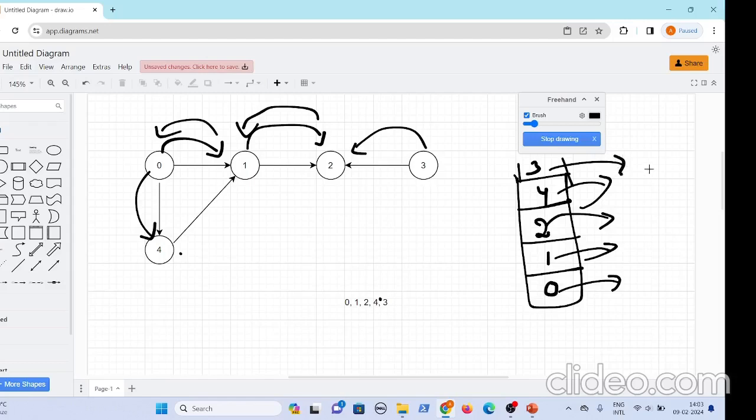So what are you doing? You are printing as soon as you visit a vertex. You are putting it on the stack and outputting it as well, adding it to your output. But topological sorting is opposite to that. As soon as you visit a vertex, you should not push it onto the stack.